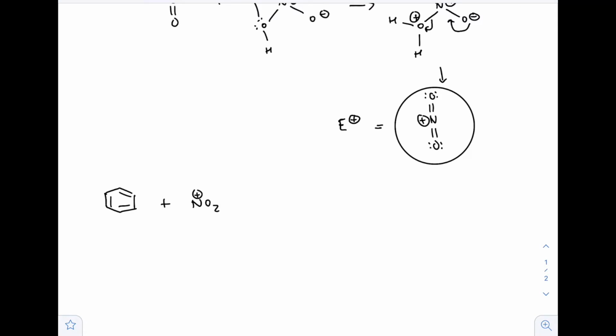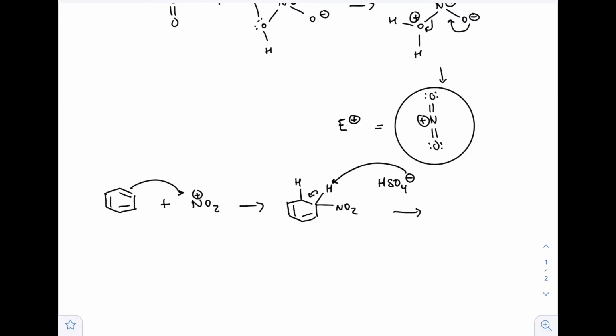And so now what we're looking at is benzene with E plus. We already know how to do this, right? So benzene attacks that nitrogen, and then we end up with an NO2 on there at the sp3 hybridized carbon, a positively charged carbon in the ring.